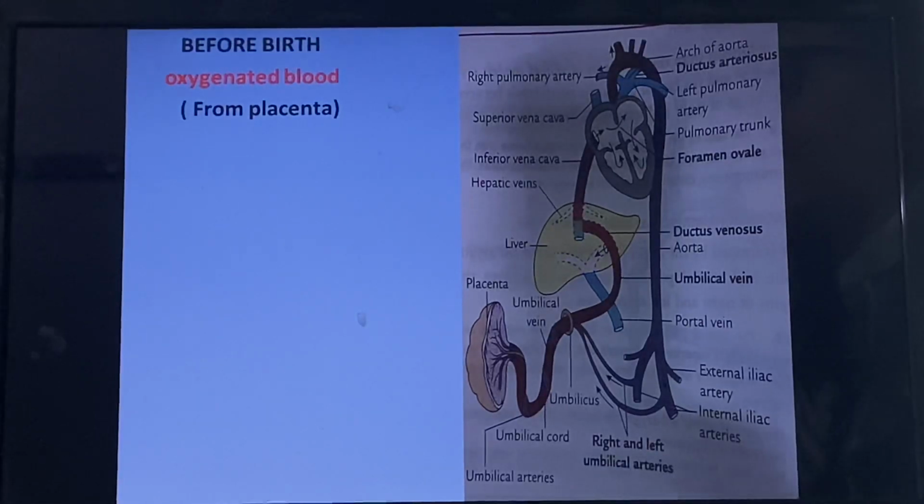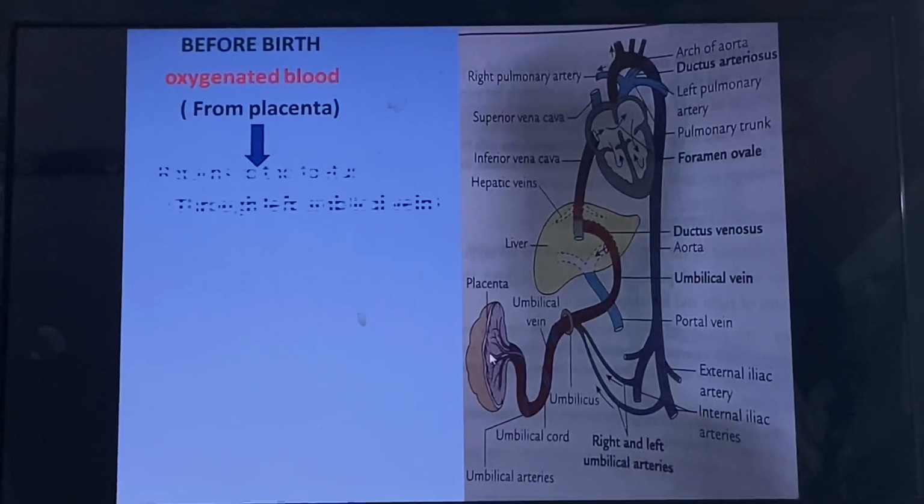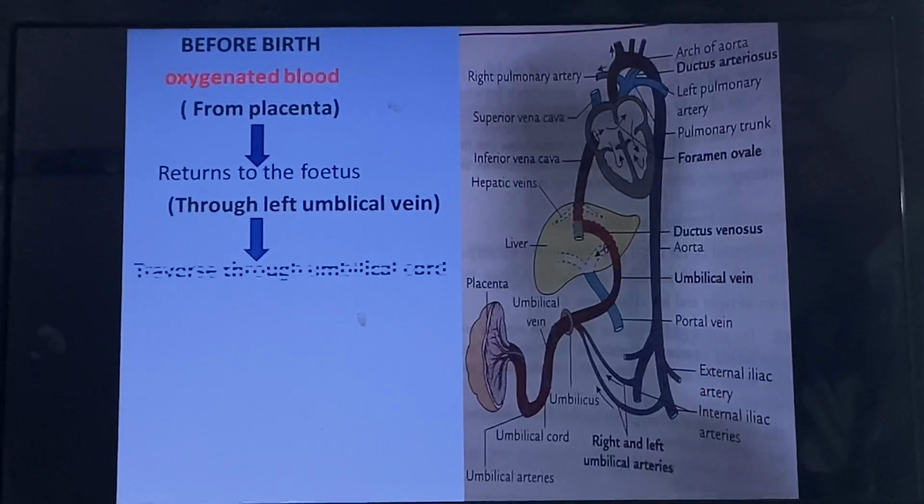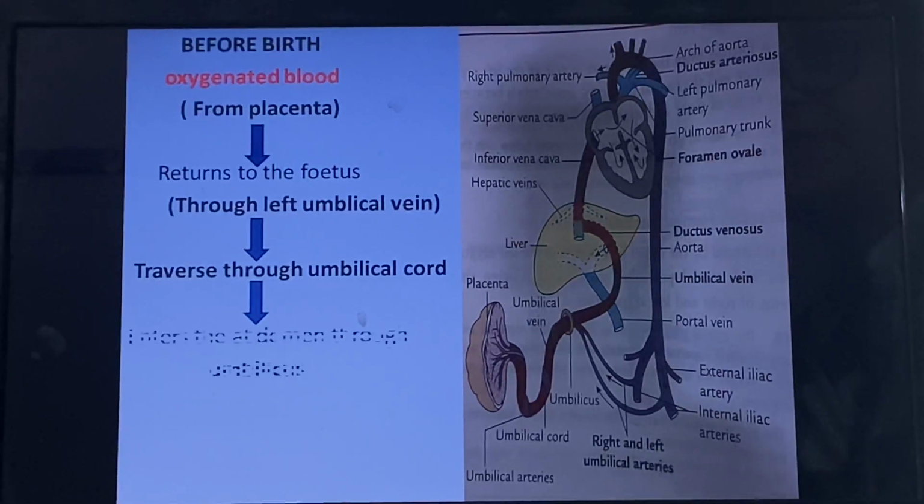The oxygenated blood from the placenta, you can see this is the placenta, reaches the fetus through the left umbilical vein, then traverses through the umbilical cord, then enters the abdomen through the umbilicus.